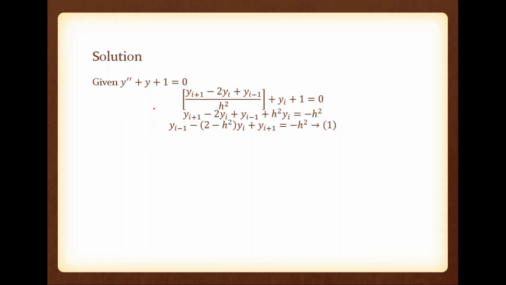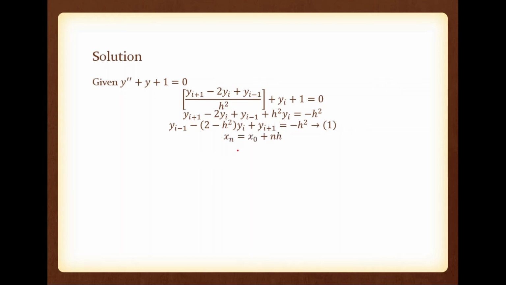So we already replaced the given ordinary differential equation using the finite difference approximation, and this is the final equation we have: y(i minus 1) minus (2 minus h square) into yi plus y(i plus 1) equal to minus h square. So now take n equal to 4 and find the values.